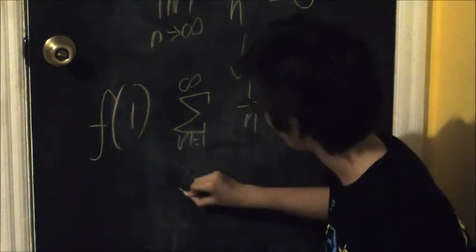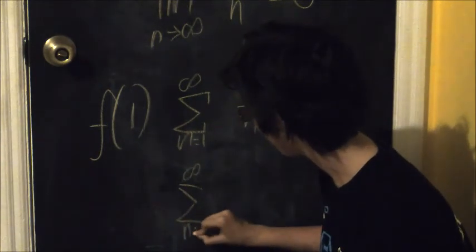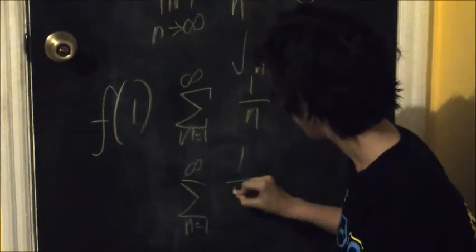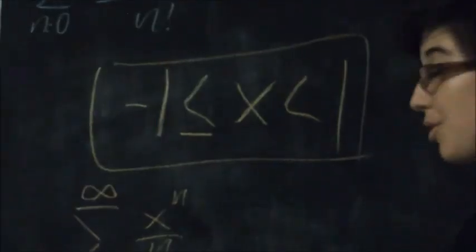And if we have this right here, 1 over n, 1 over n is a harmonic series, and harmonic series are always divergent. So we know that this is divergent, meaning this is not included. So this is our interval of convergence for this series.